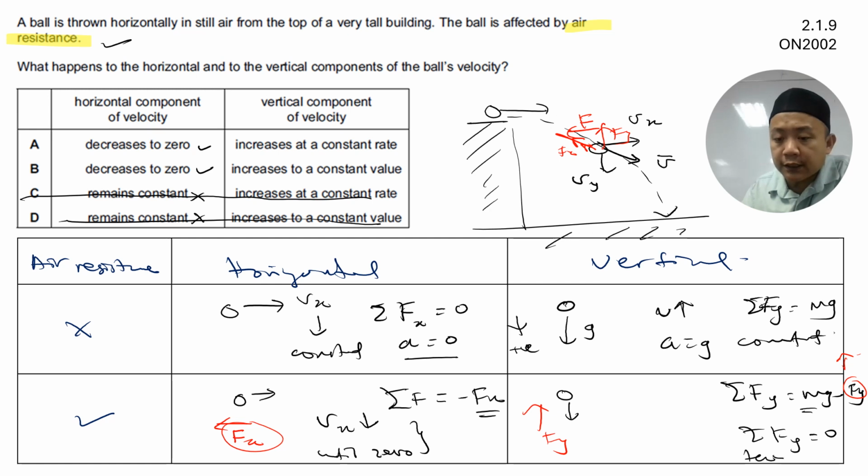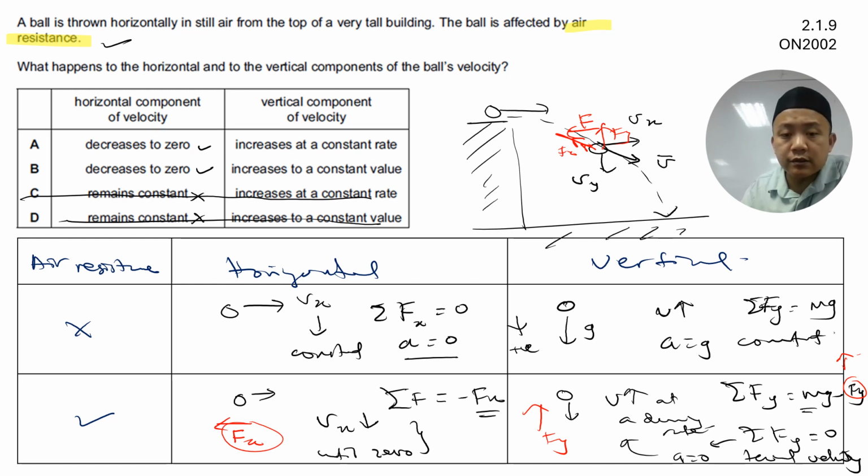This is what we call the terminal velocity condition, where V will increase at a decreasing rate until V is constant, where you have no more acceleration, because when the resultant force is equal to 0, the acceleration equals 0, so V will be a constant value.